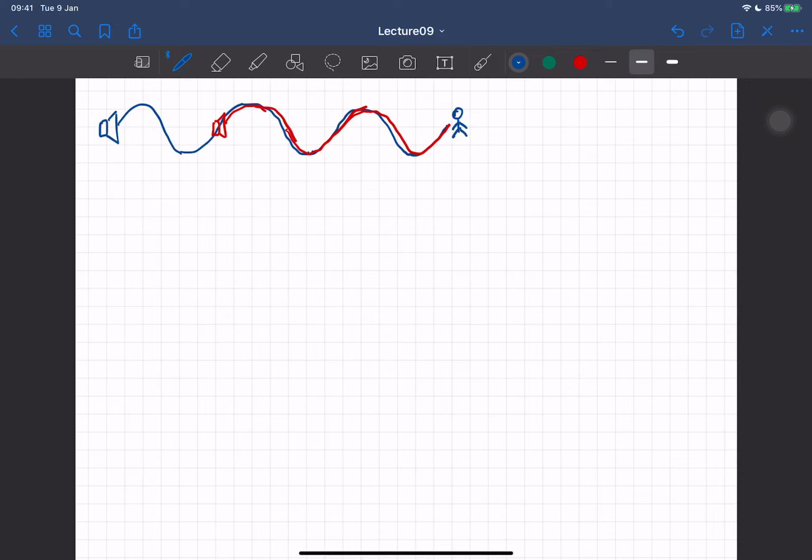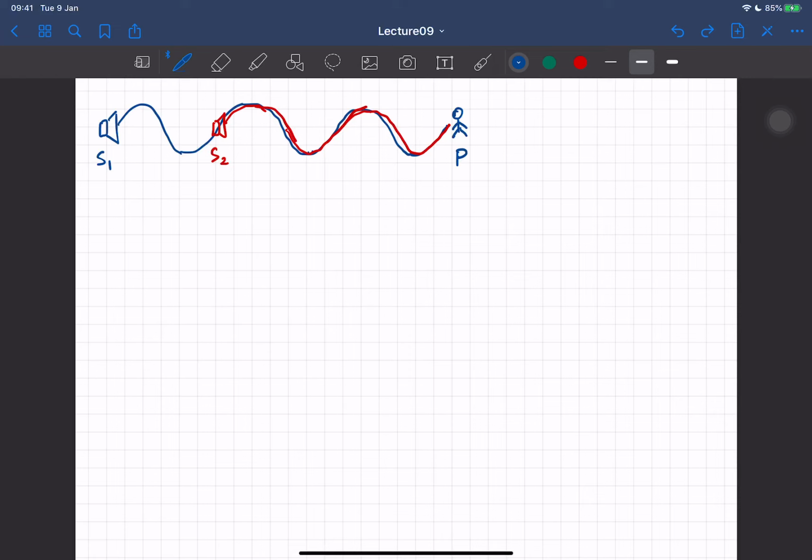Let's call the blue one source number 1, and let's call the red one source number 2. And per convention, the observing point, which is where the person is, we usually put the letter P here. I don't know why, but that's always what people use. The other way of finding the phase difference between the two waves is to look at the distance from P to the two sources.